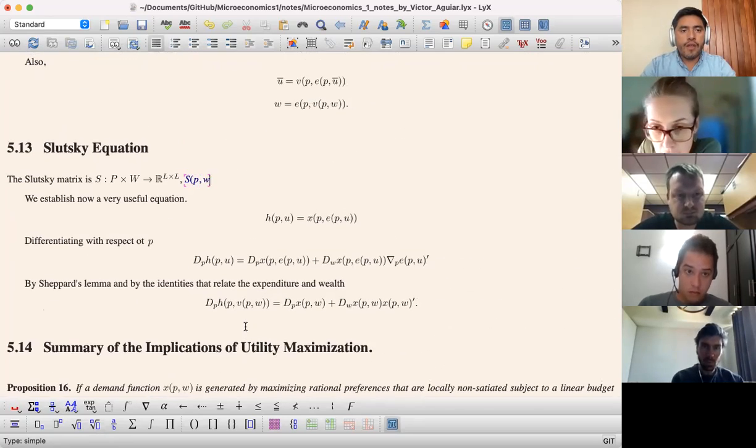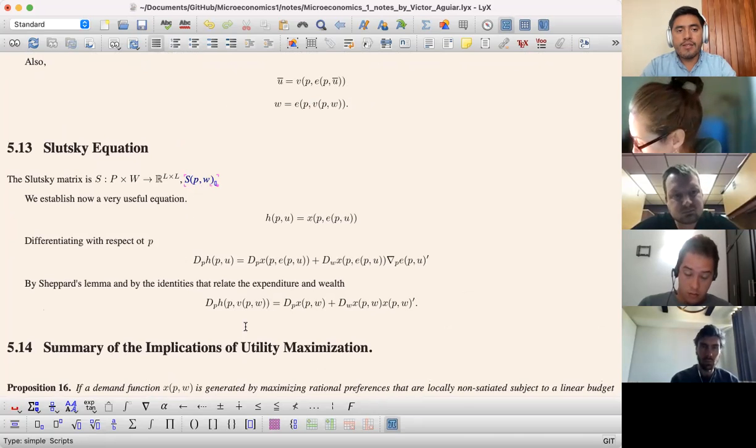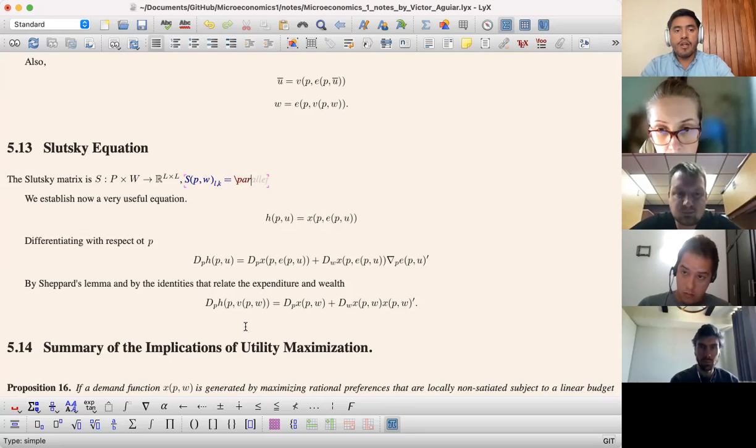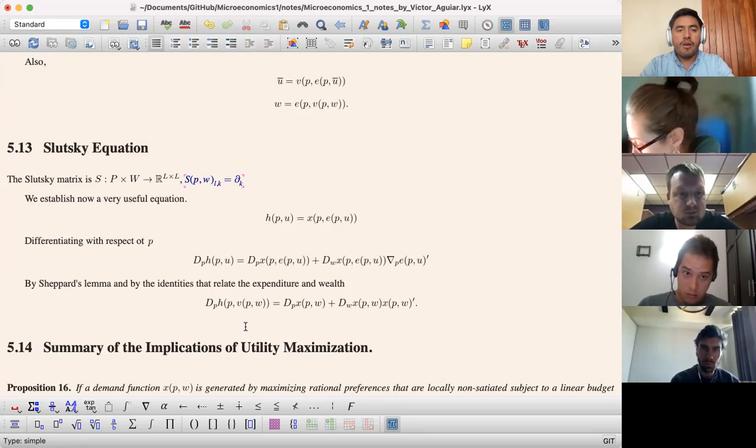So for a given price and income, what is the LK entry? So this in particular is going to have 2 components. It's going to have the partial derivative with respect to price K of the quantity L of the Marshallian demand.